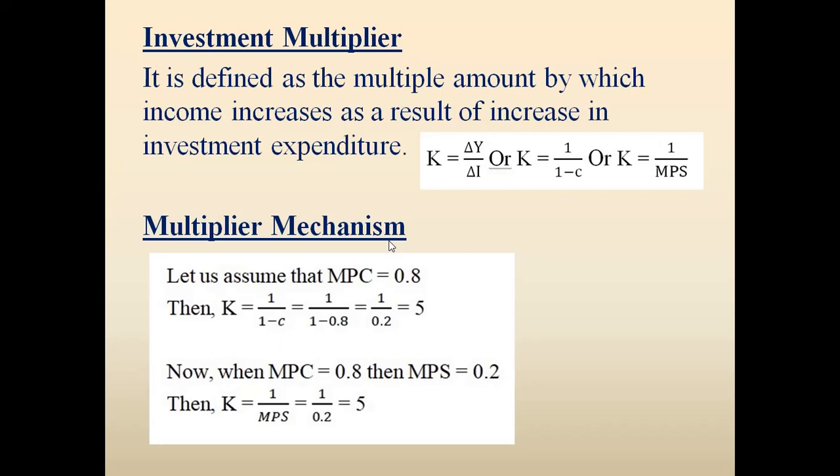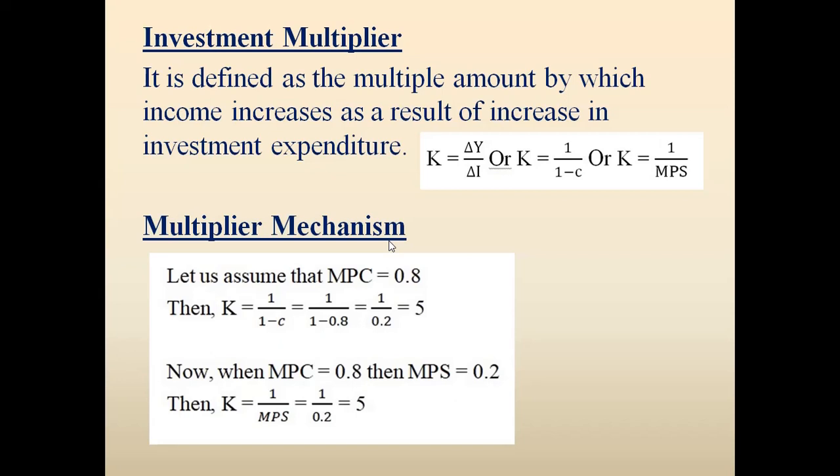The Google is going to make an investment of $1 billion. Because of the investment now, what amount of income will be generated? That is what we are going to see here in the multiplier mechanism. It's very simple.